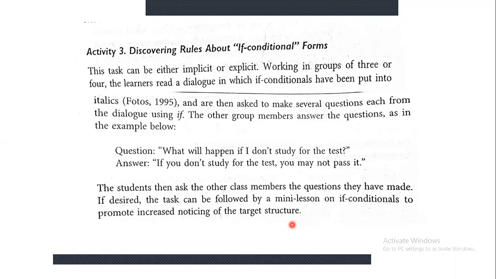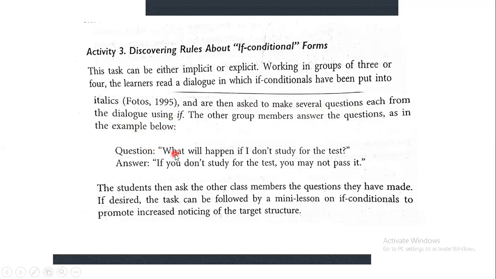The learners read the dialogue in which if conditionals have been put in italics, and are then asked to make several questions, each from the dialogue using if. The other group members answer the questions as in the example below.